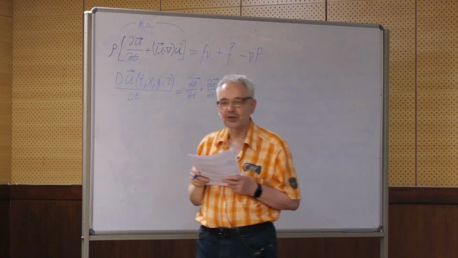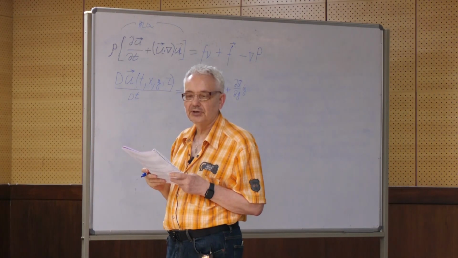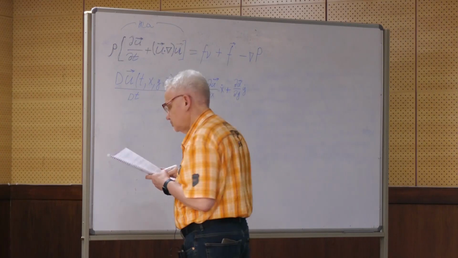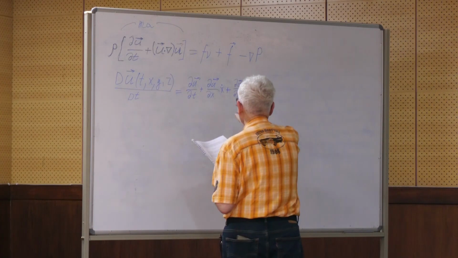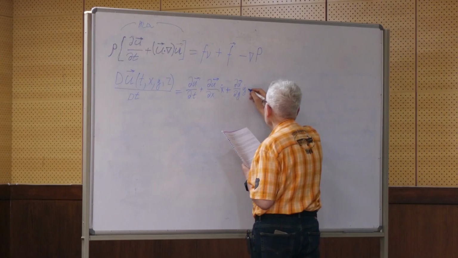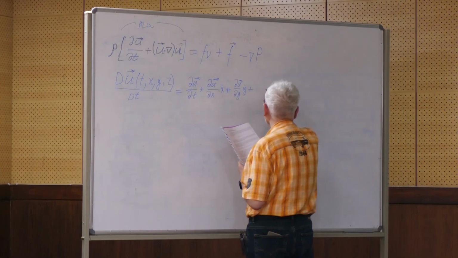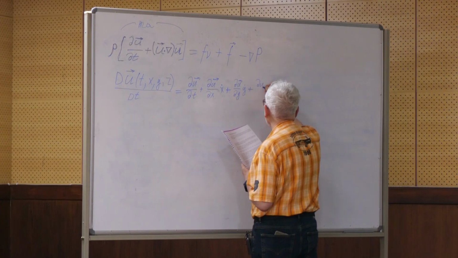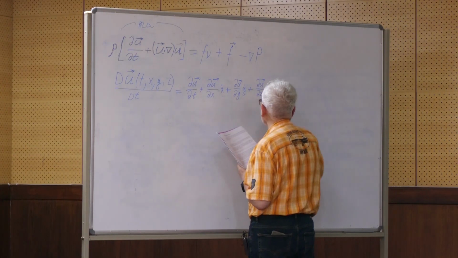So now you understand that the point means the derivative by t, the direct derivative, not partial. Then the next one, du by dz, and again z with a point.